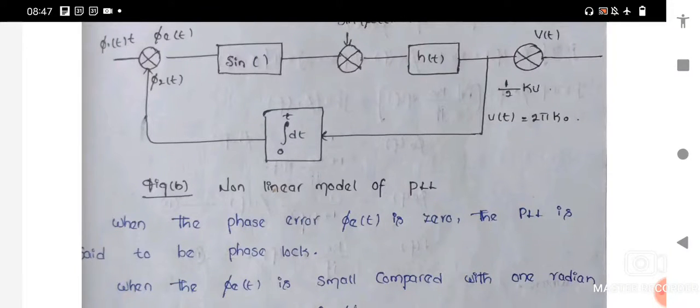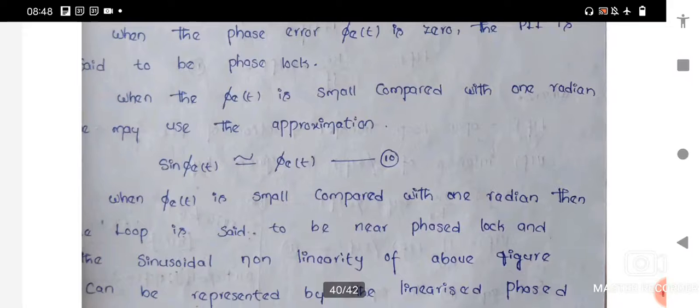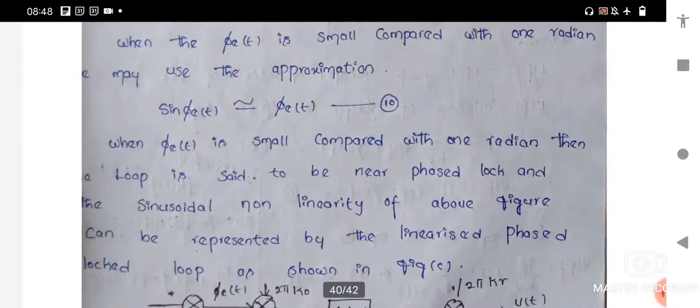When phi e of t is small compared with 1 radian, we may use the approximation sin phi e of t is nearly equal to phi e of t, which is represented as equation 10. So when phi e of t is small compared with 1 radian, the loop is said to be near phase lock.